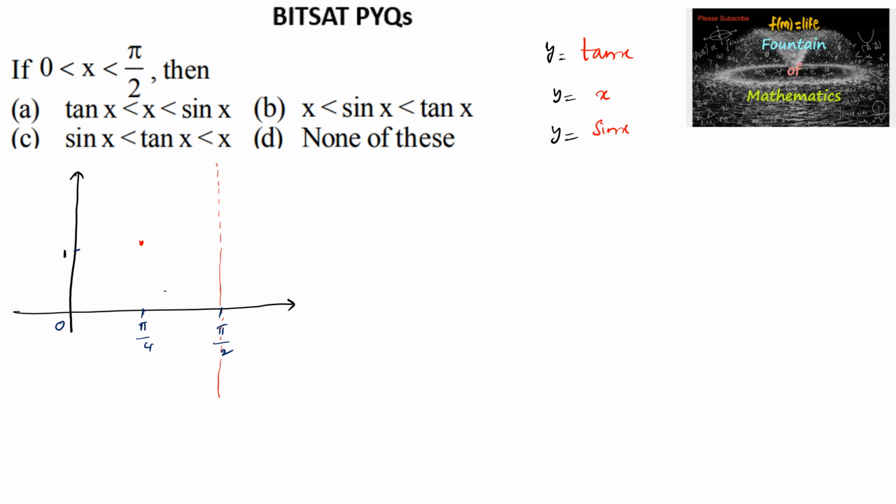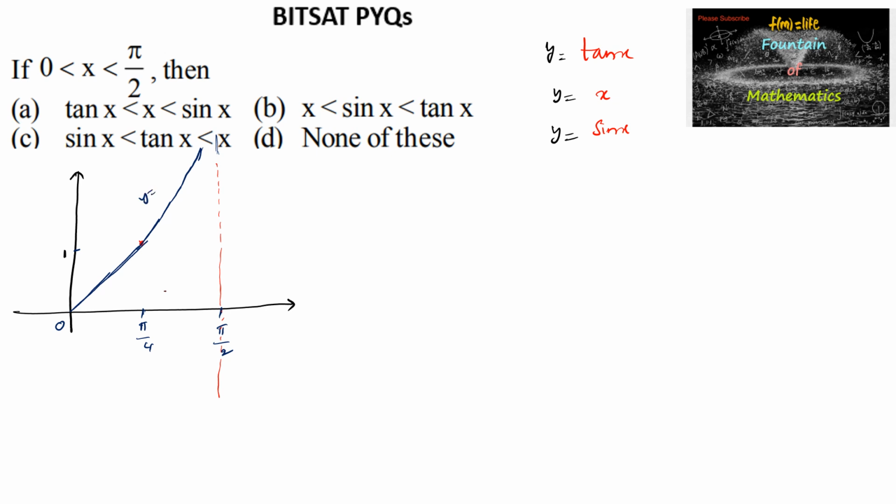We can see the graph. This is how the graph of tan x goes in 0 to pi by 2.